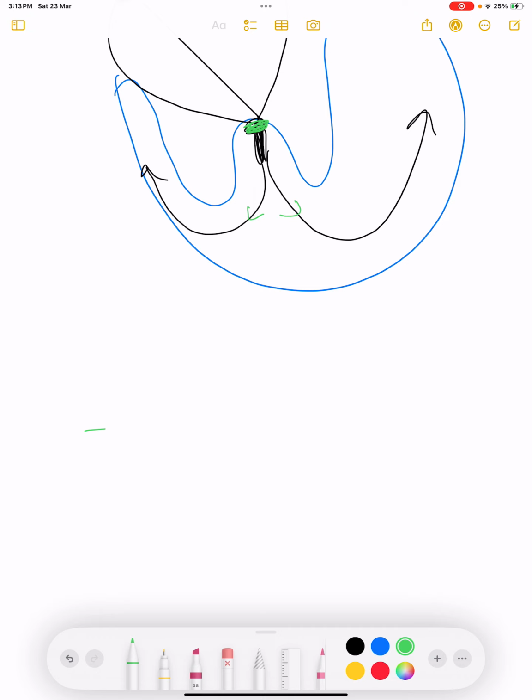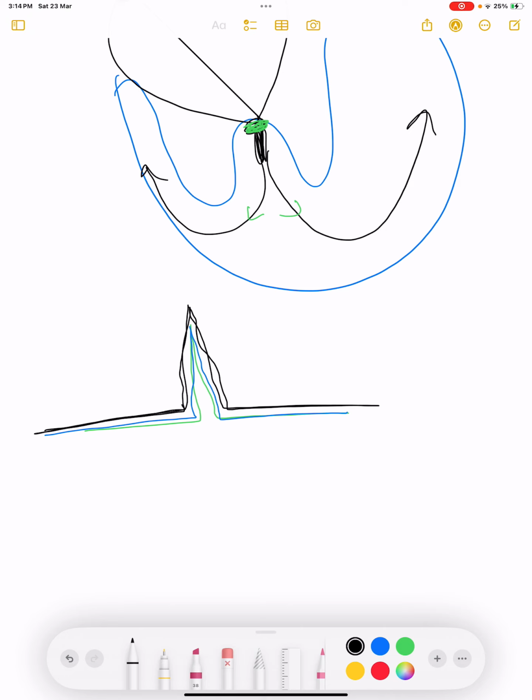This was depolarization of the right ventricle, and this was depolarization of the left ventricle. The right and left ventricles were depolarized at exactly the same time. That is why both QRS complexes of the ventricles were overlapping each other, and the overall resultant QRS complex was in the form of this black one. So this is the resultant QRS complex.